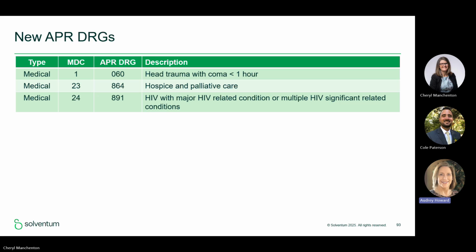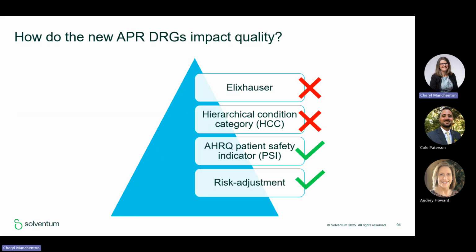Cheryl, talk to me about how this is impacting quality. Even more so in the APR DRG world, those changes in new APR DRGs directly impact, obviously, risk adjustment when it comes to risk of mortality, as an example, an expected risk of mortality.